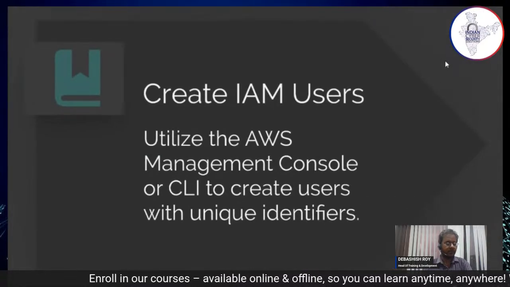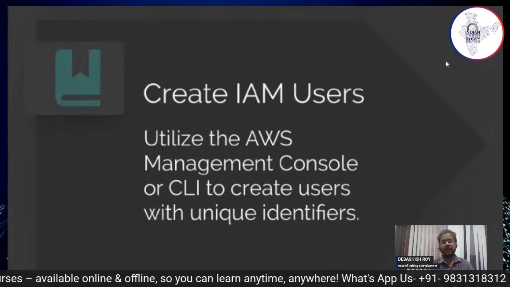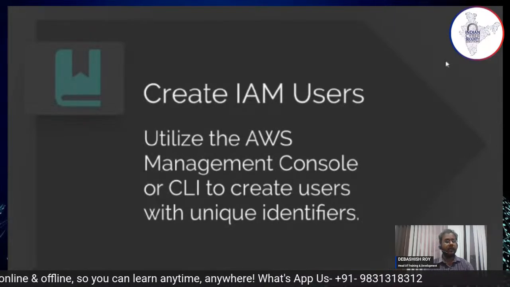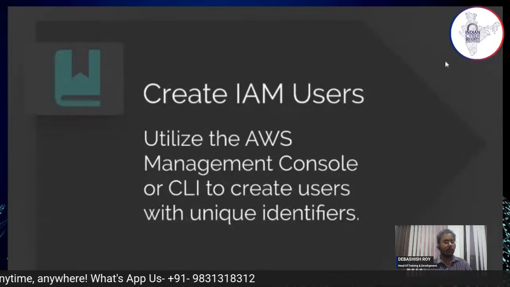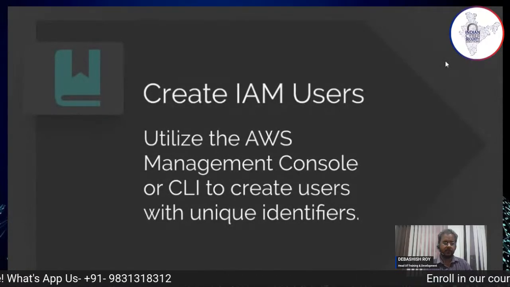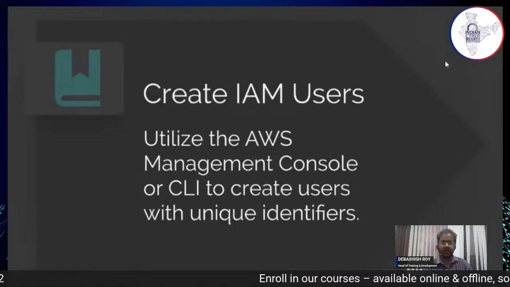Second is creating IAM users. You have to utilize the AWS Management Console or CLI to create users. The root user is there already, but IAM users you have to manage. You have to create them and log in with the account credentials or the account ID of the IAM user.